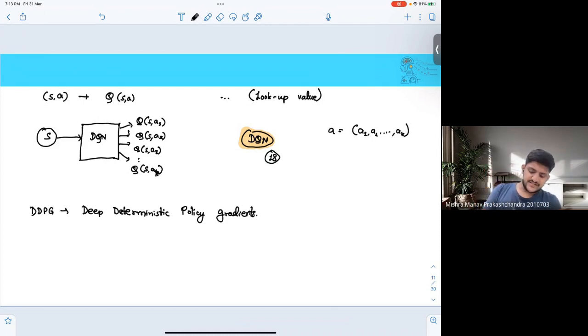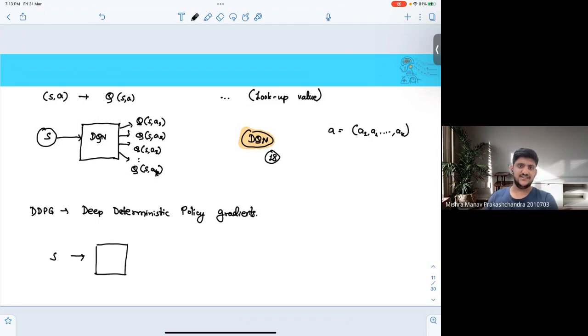So again, you pass in a state through some network, and you get what? Now this is the question. What should be the output for this neural network? For a discrete action space, if I had k available actions, I could define k Q functions.